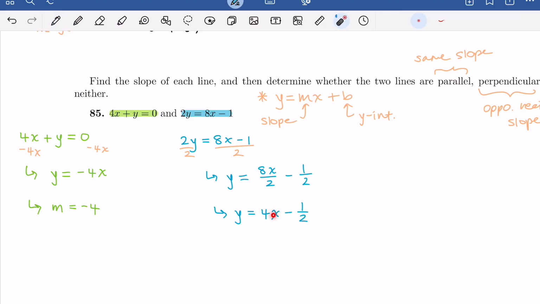Now notice the coefficient of our x variable is 4, so that means the slope of this one is going to be positive 4. Now notice the slope of this first line is negative 4, and the slope of this one is positive 4, so these do have opposite signs, but they're not reciprocals of each other, right? A reciprocal of 4 is going to be 1 over 4.